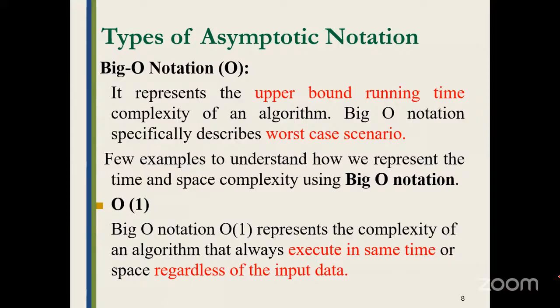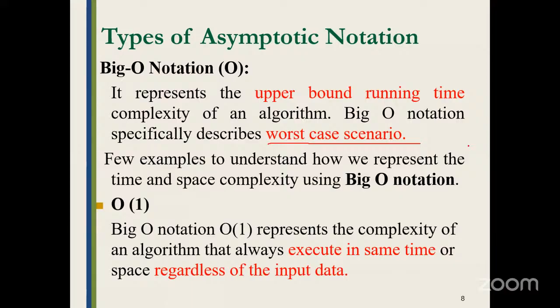We can represent the upper bound running time complexity of an algorithm with the help of big O notation. Big O notation specifically describes the worst case scenario. These technical terms are important. Worst case in the sense of upper bound. We can execute the same code: in case one it takes 1 second, in case two it takes 4 seconds.